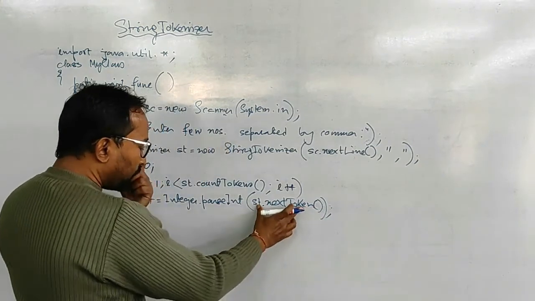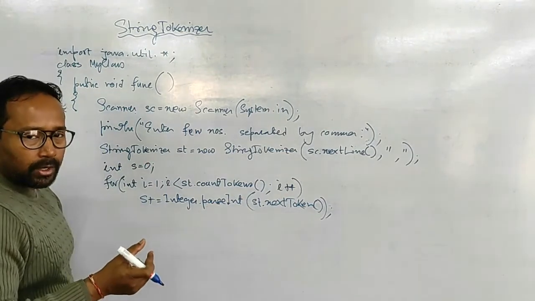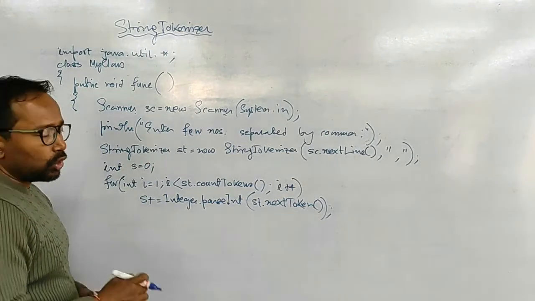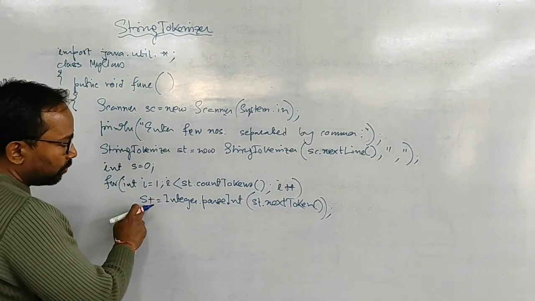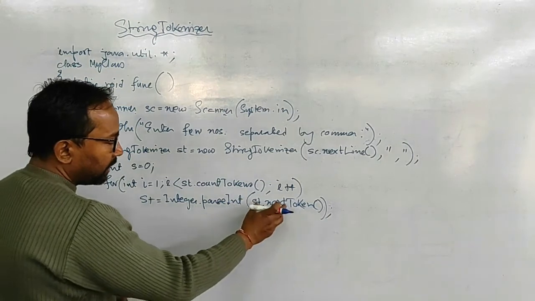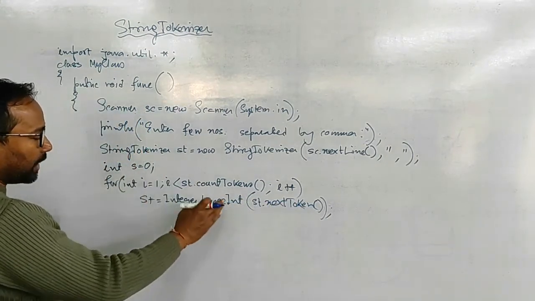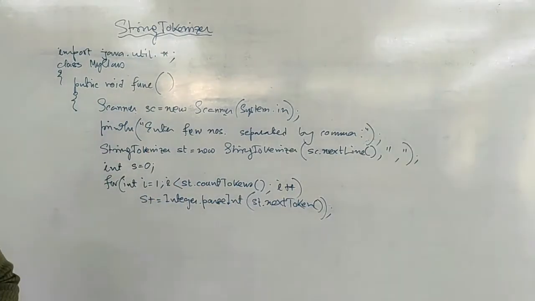So this nextToken will read the tokens one after another. Here a token means a number, but that number will be taken as a string. So we need to convert that string to a number to add it to the sum. So before adding it to the sum, we are converting the token which is a string to a number. This way we are adding all the tokens to s. So s will get the sum of all the comma separated numbers.